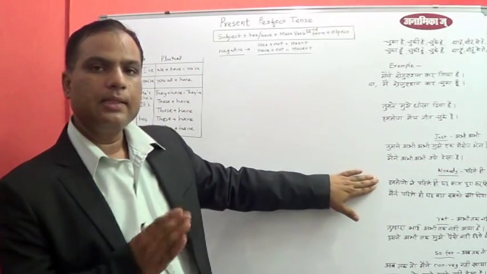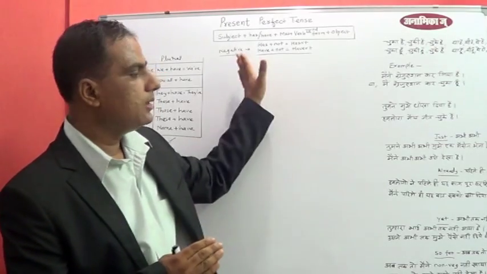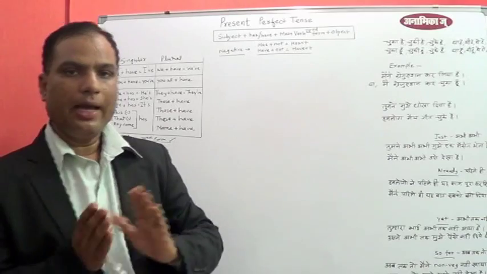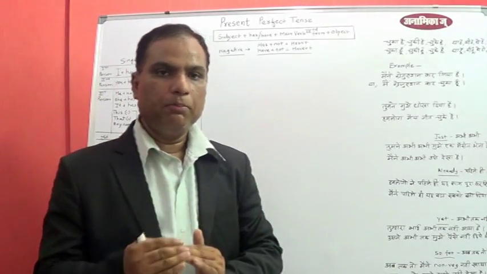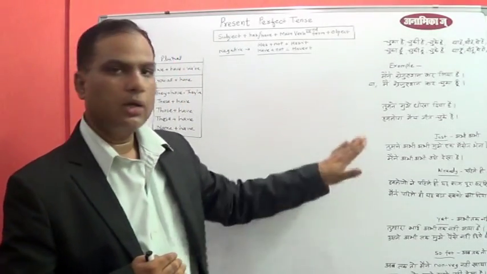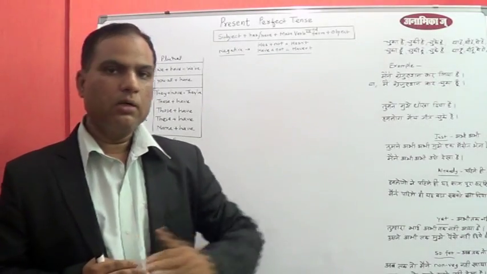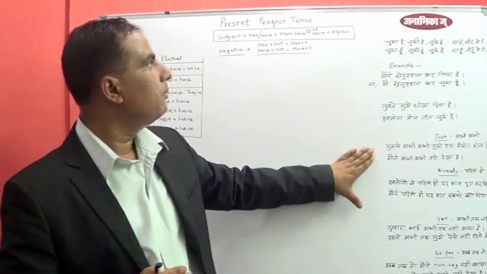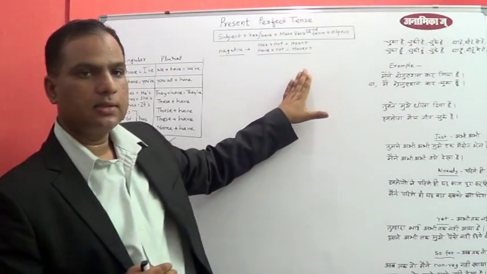So here this sentence will also come under present perfect. So in short, any action which has an impact at present or any action which was over a short while ago or which is already done will be a part of this present perfect tense.